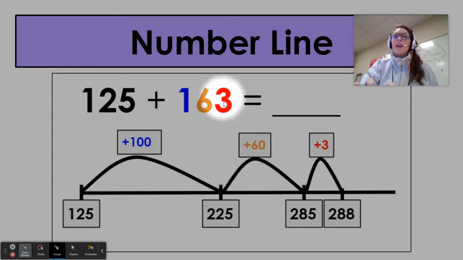And last, my final jump is to add 3 ones. 285 plus 3 equals 288. So my answer would be 288. I started at 125. I added 163 to find my answer. This is strategy number 2.